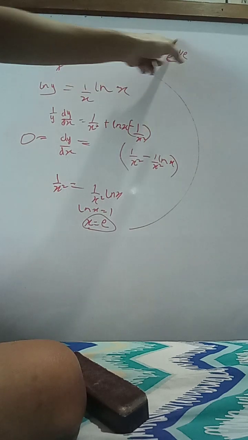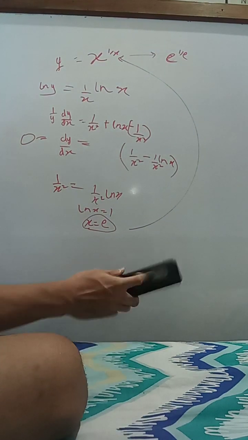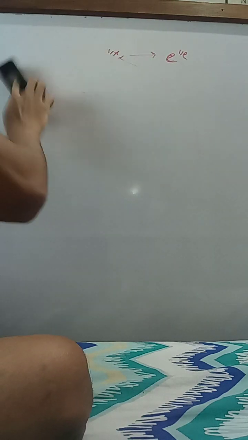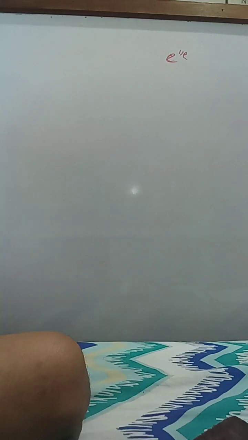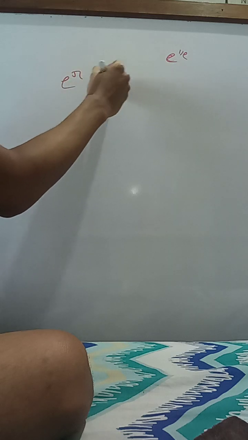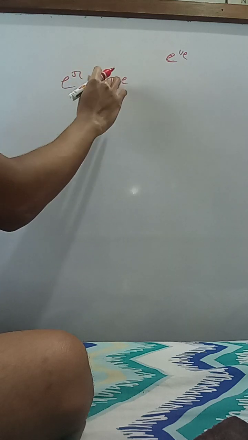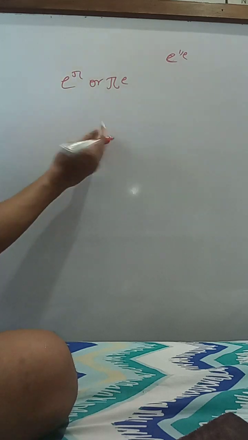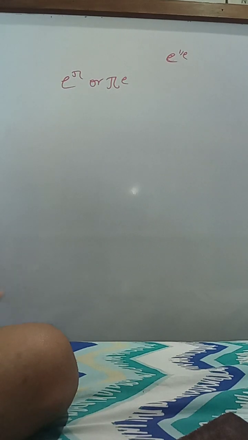Now we can use this in our main question of the video, and that is, what is greater, e raised to pi or pi raised to e? Alright, so comparing these two is pretty hard, and how to relate this with that?